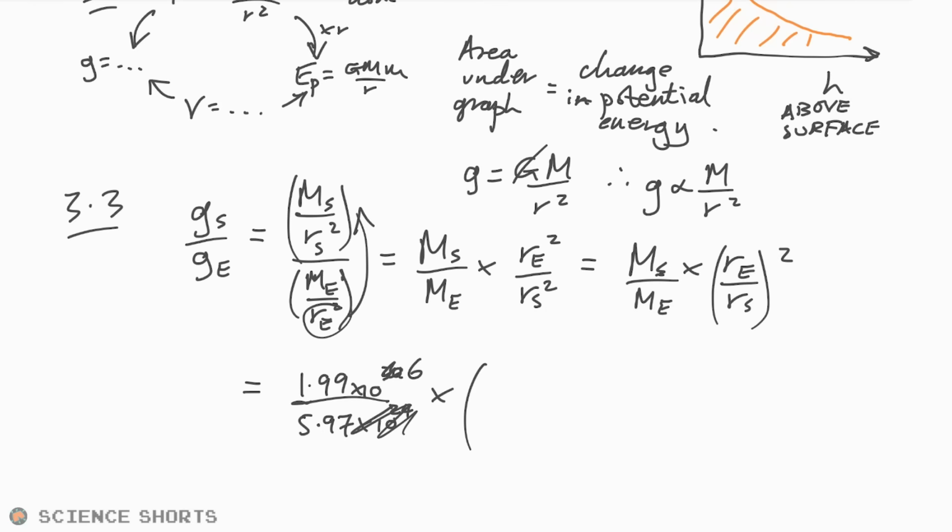And so that is, according to the formula sheet, 6.37 times 10 to the 6. And then divide that by the distance to the Sun. We're told that in the question, 1.50 times 10 to the 11, and that's all squared. Why not? Let's cancel powers of 10 again, so 6 on top, 11 on the bottom, so it's just going to be 5 on the bottom.